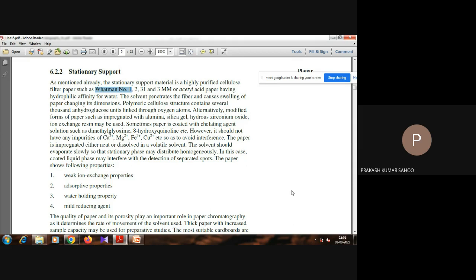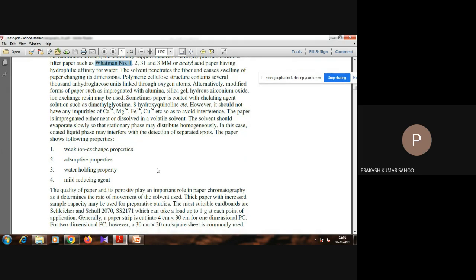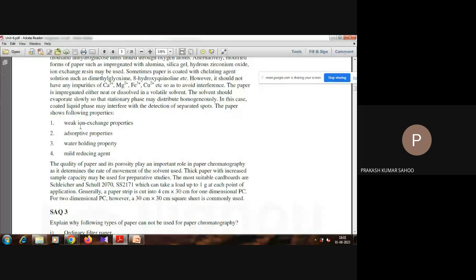The paper is impregnated, either neat or dissolved in a volatile solvent. The paper should have the following properties: weak ion exchange property, adsorptive property, water holding property, and mild reducing agent. So these are the properties that the paper should have.